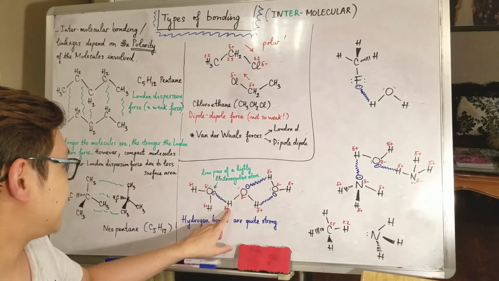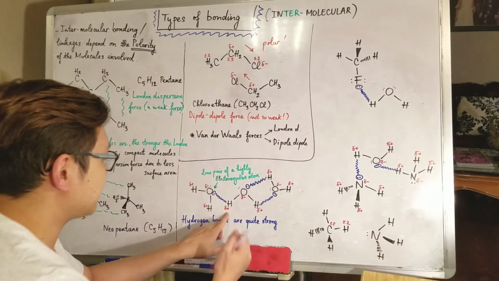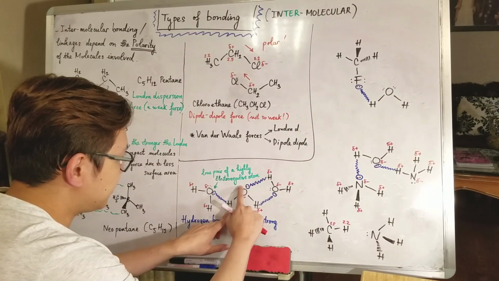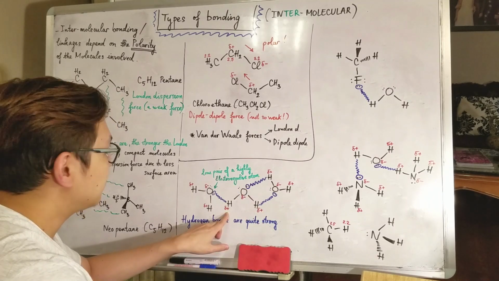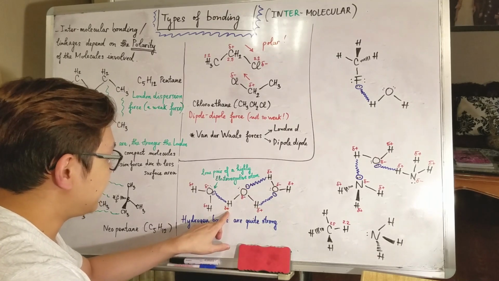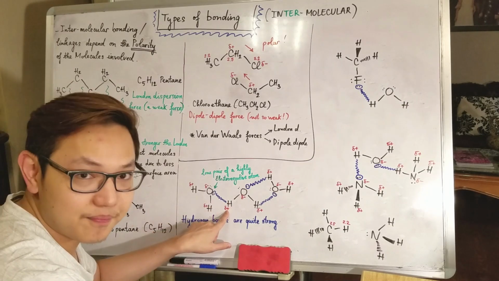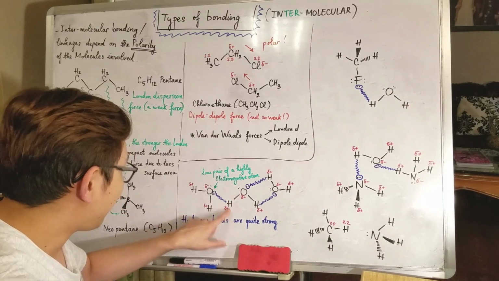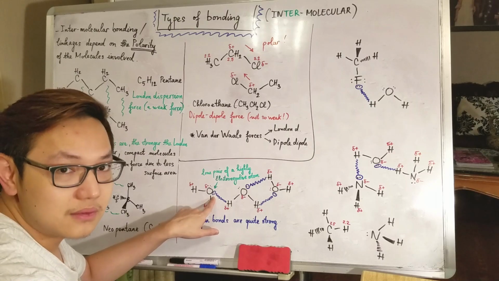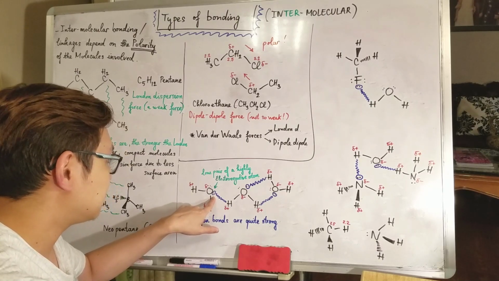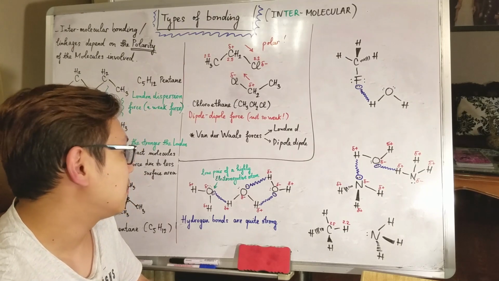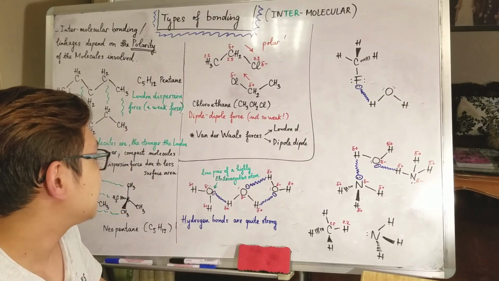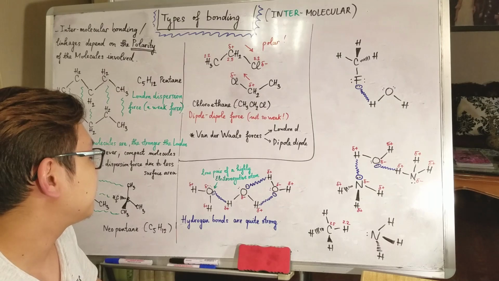So this hydrogen is partially positive because it donates electron into this oxygen in the water molecule. And because it donates electron, it becomes partially positive. Because of that, it attracts the lone pair of this oxygen. Okay, understand now? Right. So it can form.